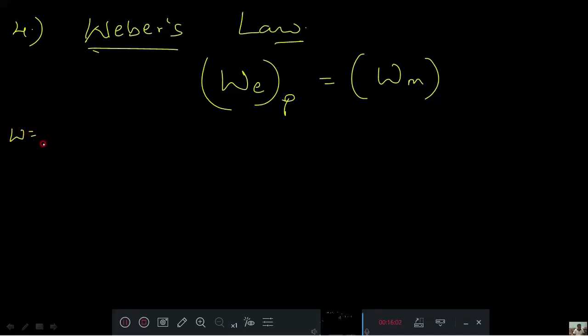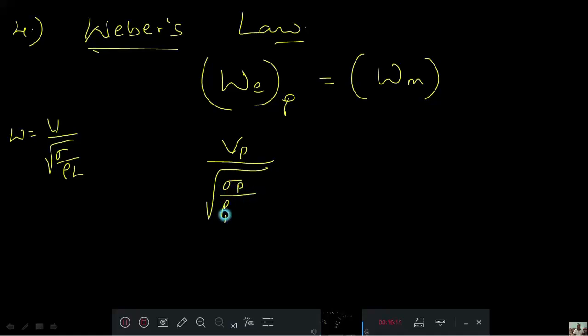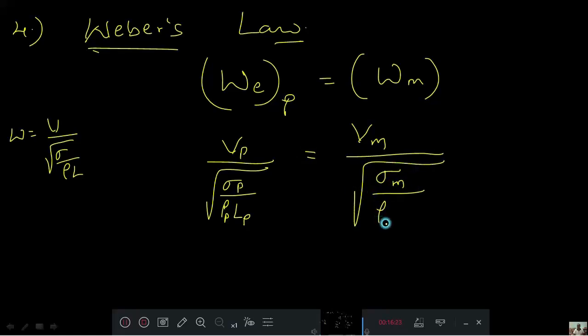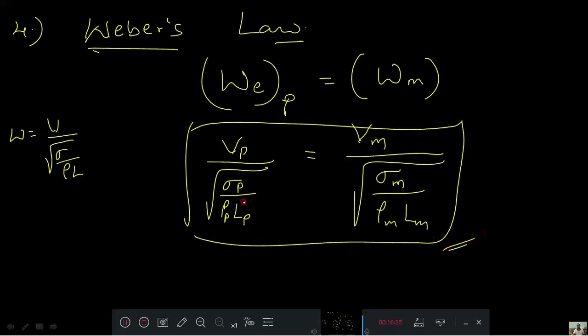Weber's number is equal to V divided by square root of sigma divided by rho into L. That is velocity of the prototype divided by the square root of surface tension of the prototype divided by density and length of the prototype, which must equal the same expression for the model. You need to satisfy this condition considering Weber's law.